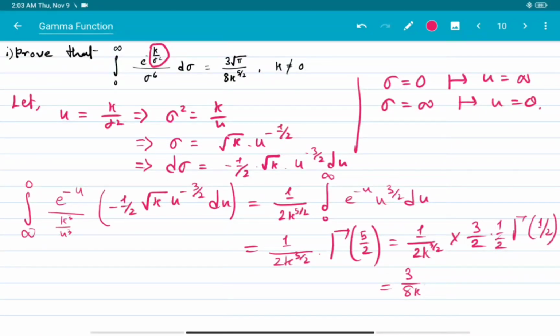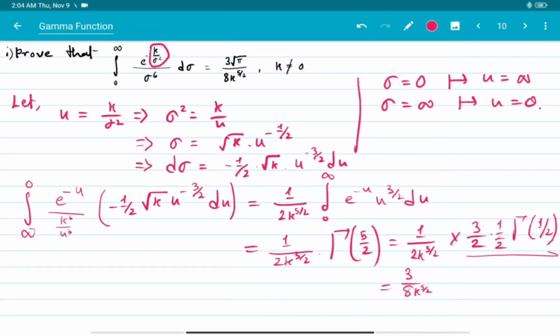So 2k to the power 5 over 2, and if you split it out, you'll see we are in the right direction.